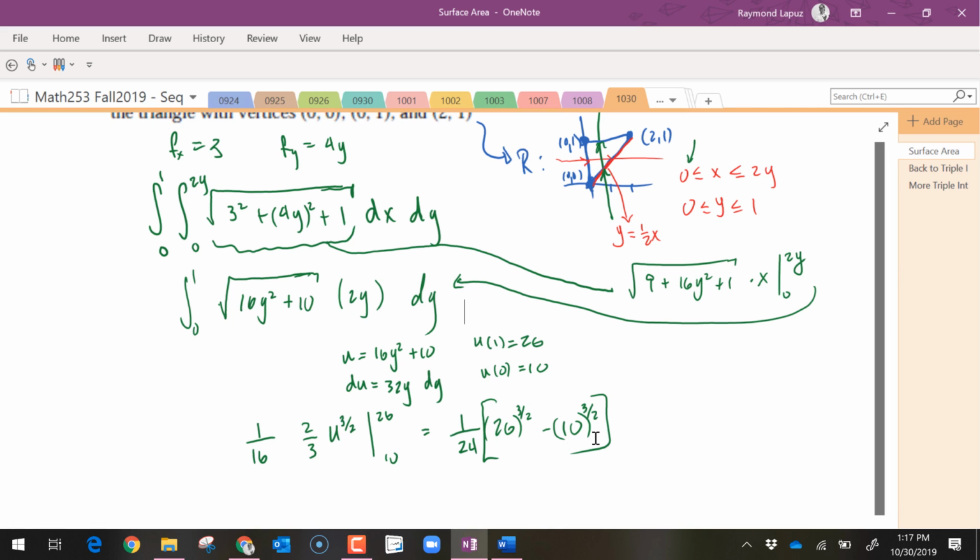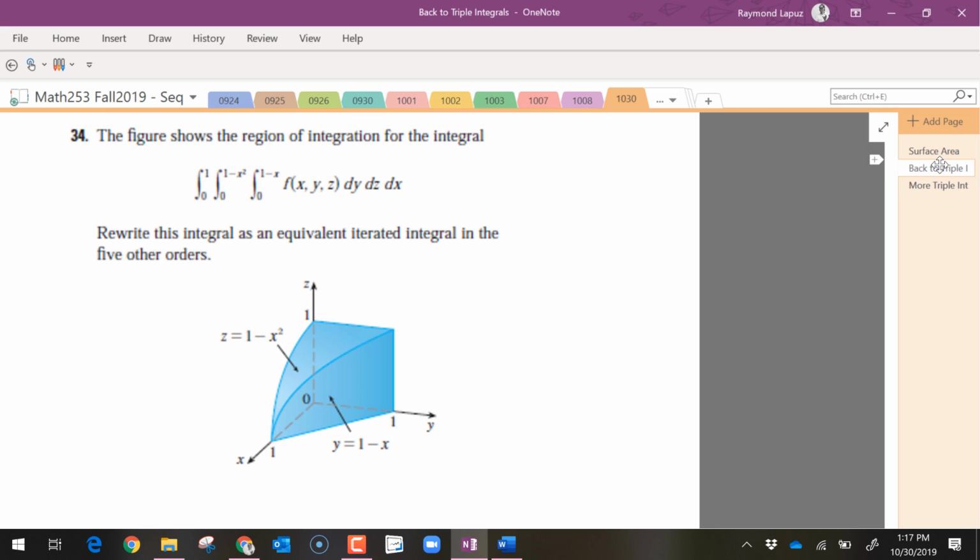All right, so let's go back to triple integrals. And last time we were talking about volume, so let's do a volume problem. This is an interesting problem in the sense that when you're doing these integrals, there's a bunch of different ways to do them.